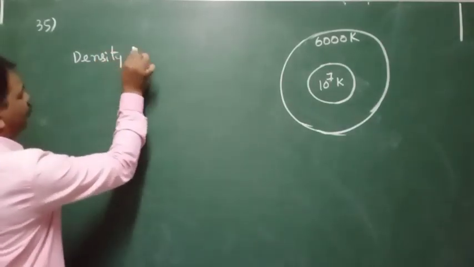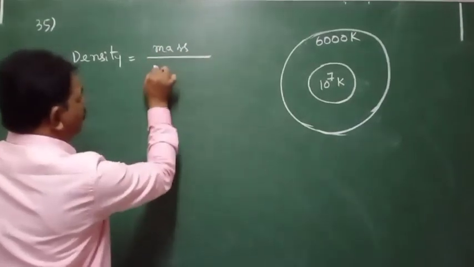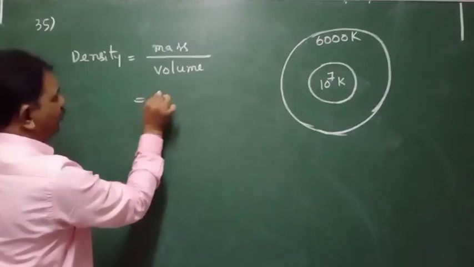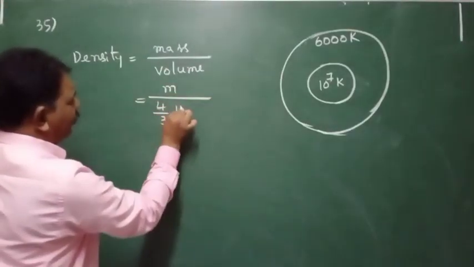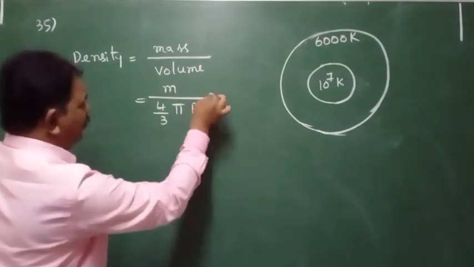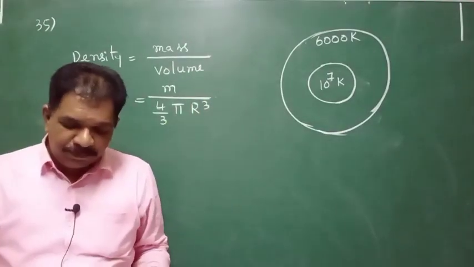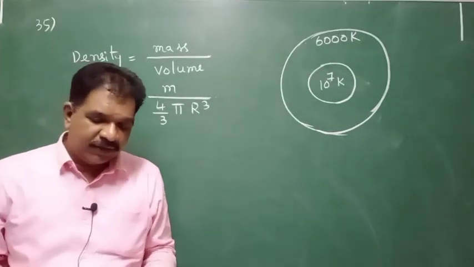We know the formula, density is equal to mass by volume. We can write this as m by 4 by 3 pi r cube. Then try to calculate.